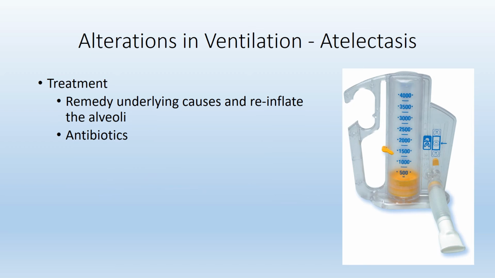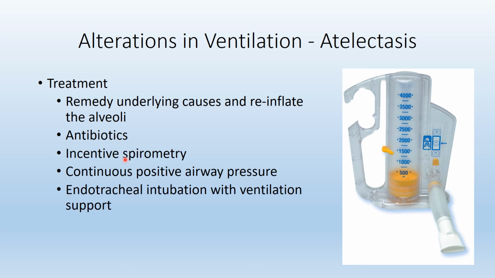All right, so treatment of atelectasis: we're going to try to reinflate the lung. That's what all these mechanisms are targeted towards, except for the antibiotics. The antibiotics are for if you have a bacterial infection that generated this fibrous tissue and likely damaged the alveolar type 2 cells. We could use incentive spirometry. This is incentive spirometry over here, where we're trying to measure the inspiratory flow, and we're trying to reach certain limits.